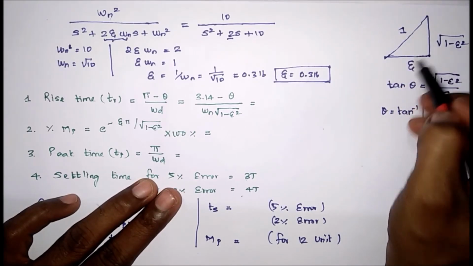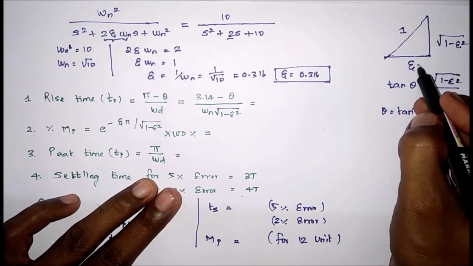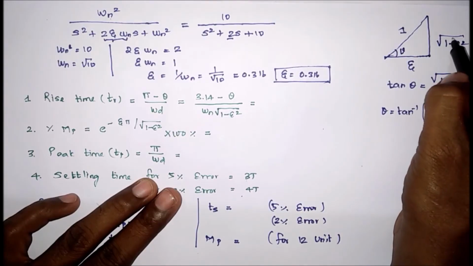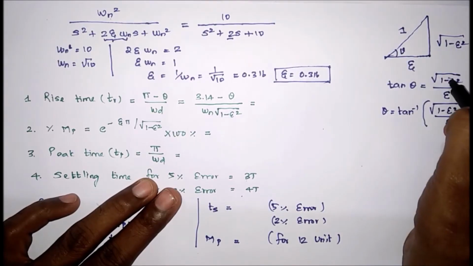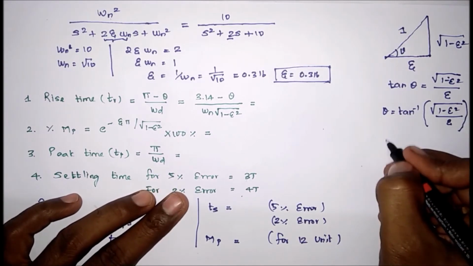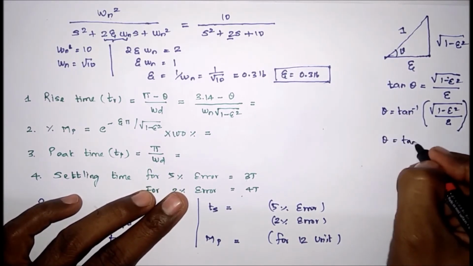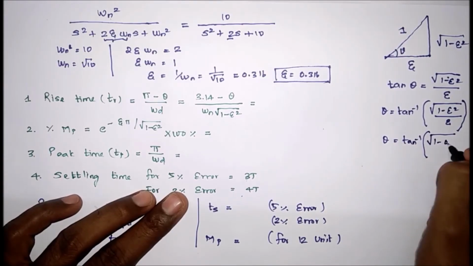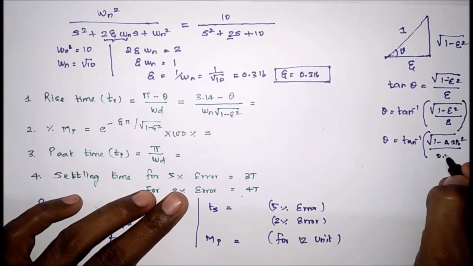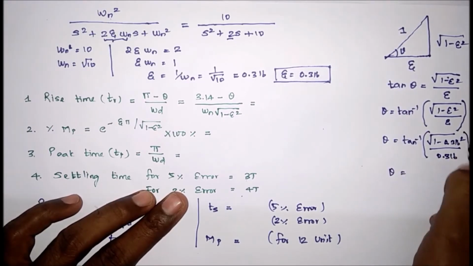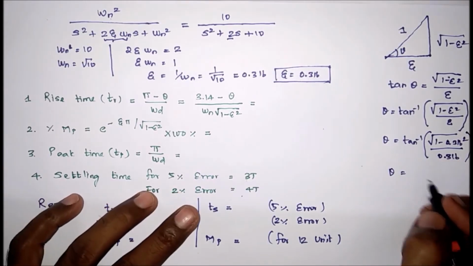From this triangle, this is theta. So tan theta equal to opposite side divided by adjacent side. We know the eta value, so we substitute: theta equal to tan inverse of square root of 1 minus 0.316 square, divided by 0.316.